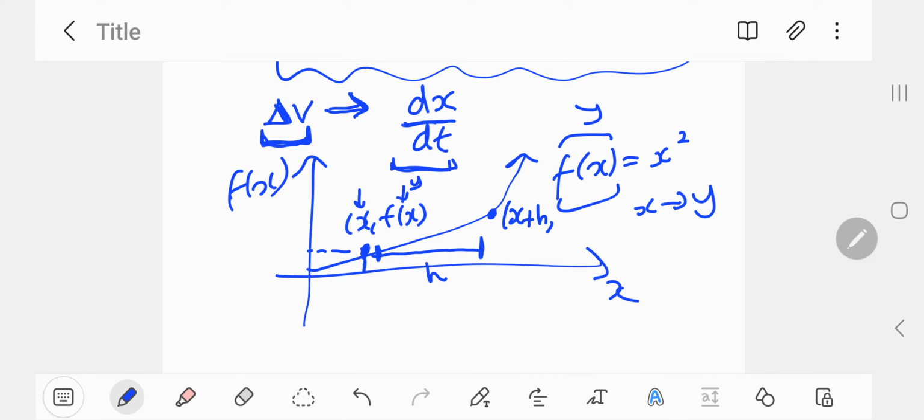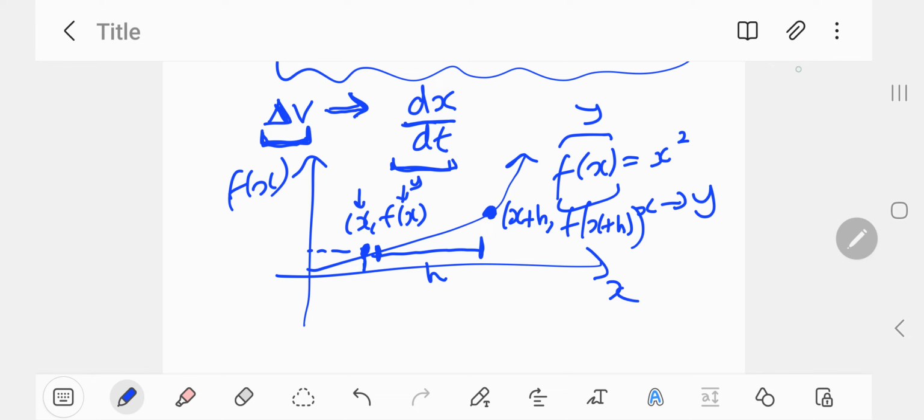Because the x has been shifted by h units to the right, f of x becomes f of x plus h, right? So it ends up here.